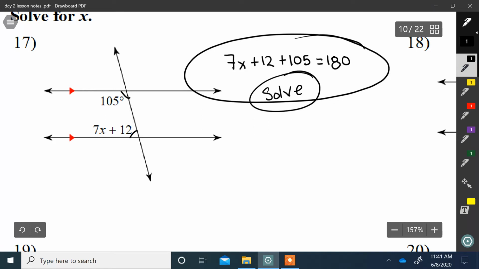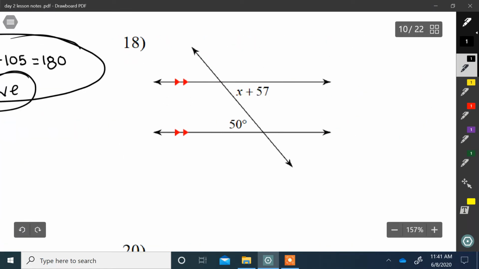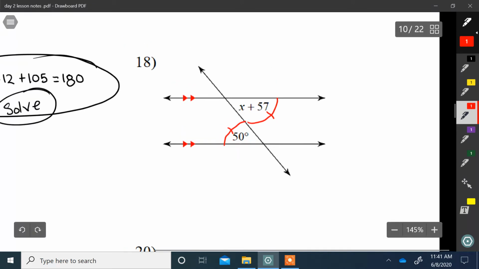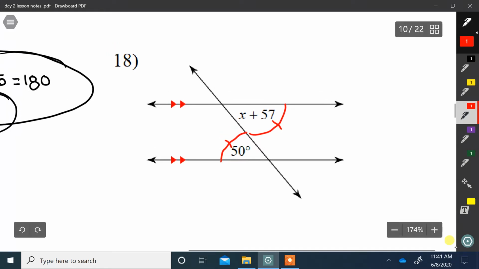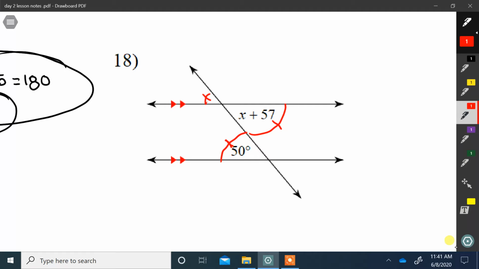All right, number 18. The way we set it up is like this. I know that this is congruent to that right there. How do I know that? Well, it's pretty clear that this is congruent to this, and that those are vertical angles, so that must be congruent as well.